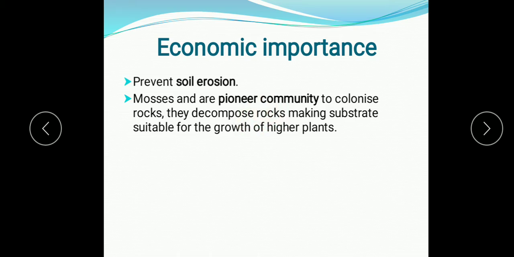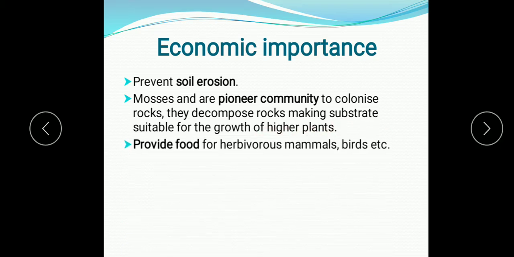Pioneer means the first one. So they are the first organisms to colonize the rocks, and they decompose rocks, making them suitable for the growth of higher plants. Also bryophytes provide food for herbivorous mammals and birds.